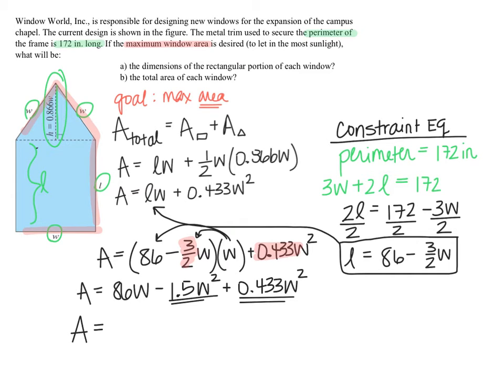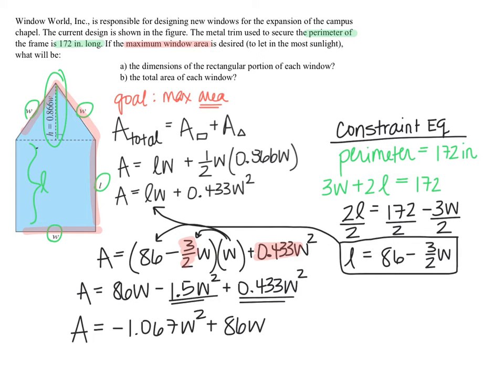I'm also going to list the W squared term first. So that will leave me with a negative 1.067 W squared plus 86W. And this is my area model, and you'll notice it is entirely in terms of W, so it's in terms of a single variable, which is exactly what we wanted.